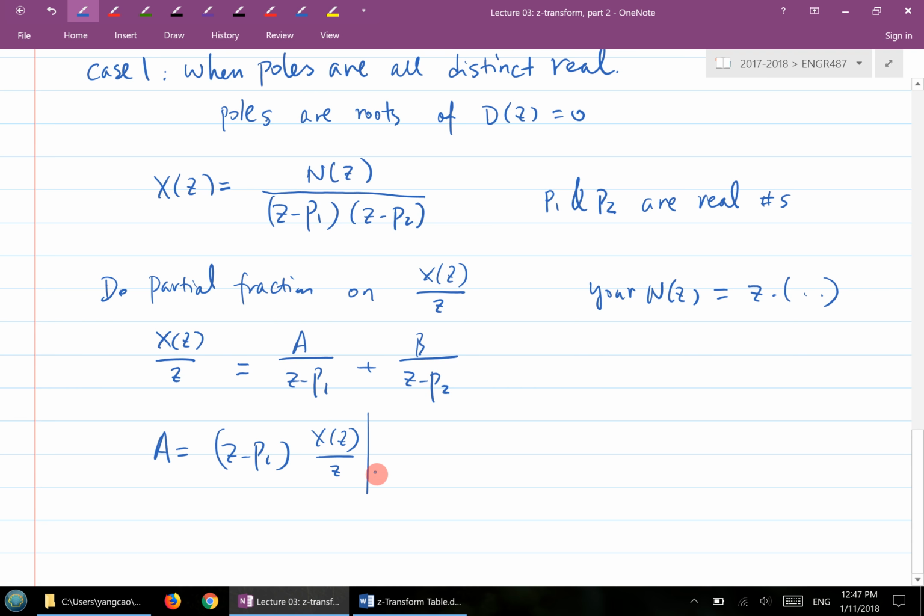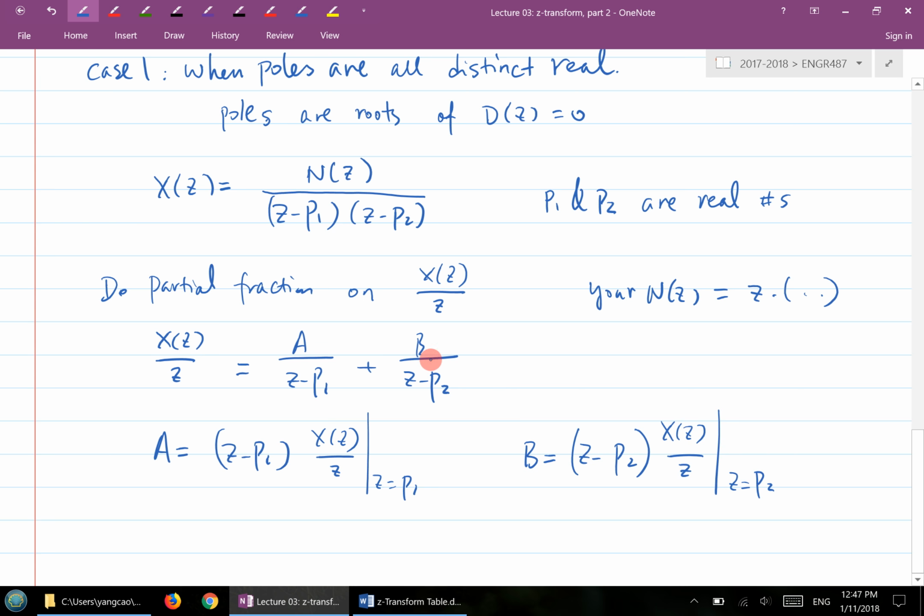Then you let z equal p1, and you'll find the value of A. Same thing for B, by doing a similar operation. Suppose you find the A and B values here.